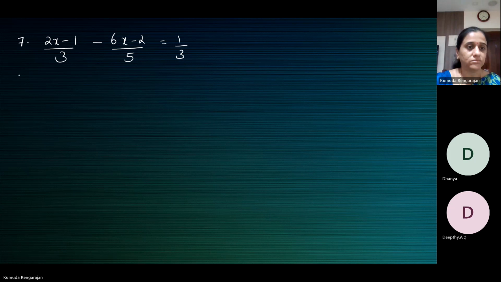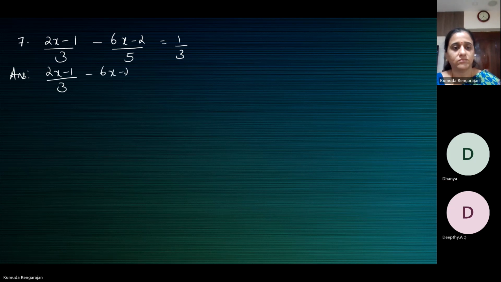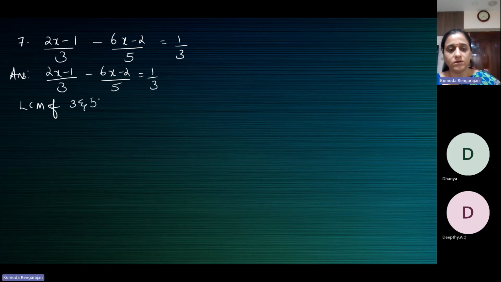So this one, Deepti will tell us: (2x minus 1) by 3 minus (6x minus 2) by 5 is equal to 1 by 3. Yeah, Deepti? Ma'am, LCM of 5 and 3 is 15.